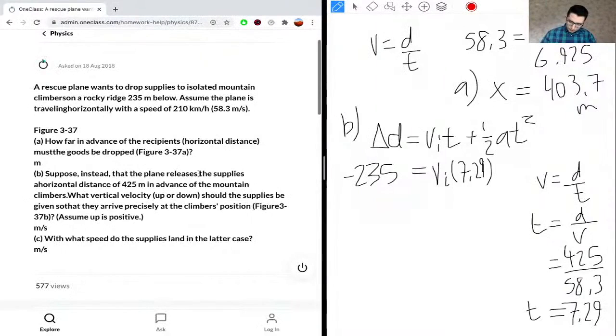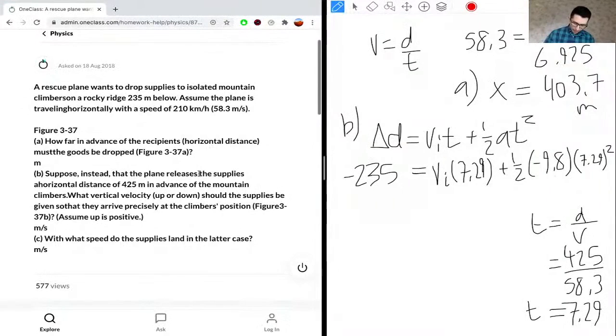And we have plus a half times acceleration, negative 9.8, times 7.29 squared. Okay, so now all we have to do is solve for the initial velocity.